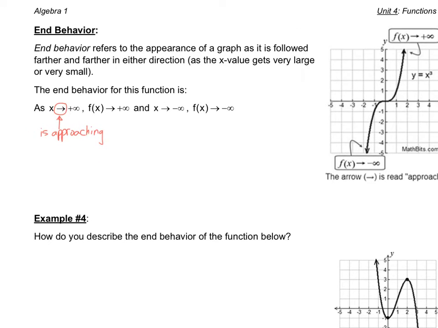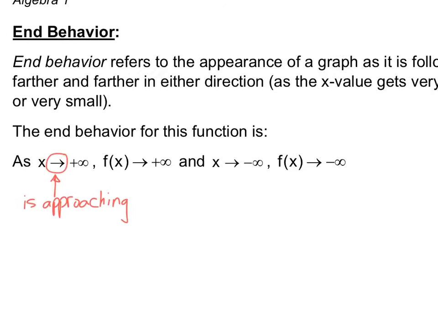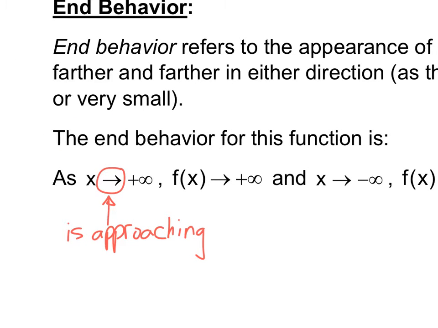So this is telling us, basically in terms of this graph, as x is approaching positive infinity, so if I were to continue going out to the right forever, where would the y values go? Because again, f of x is really just talking about the y values. It's saying the y values are approaching infinity also.